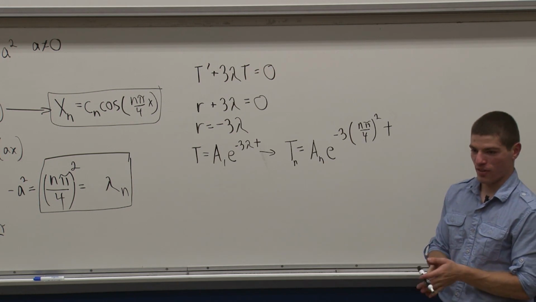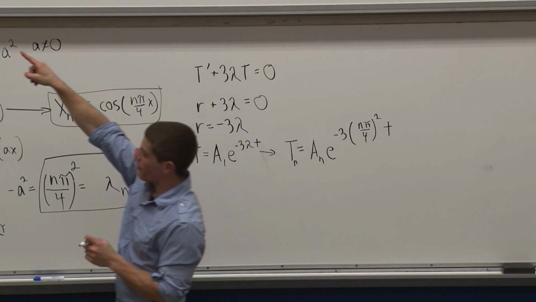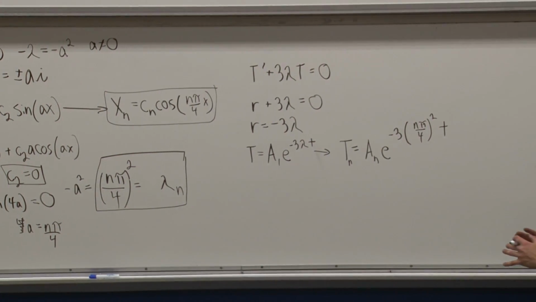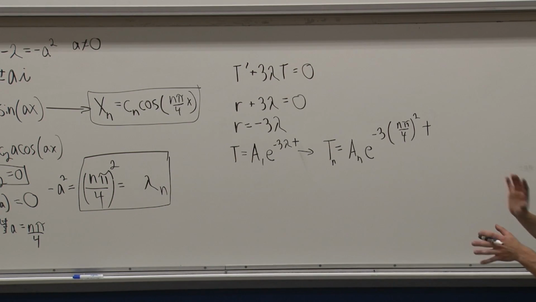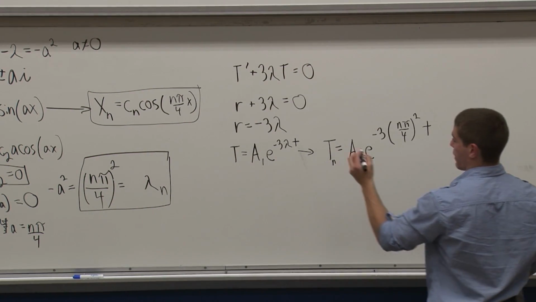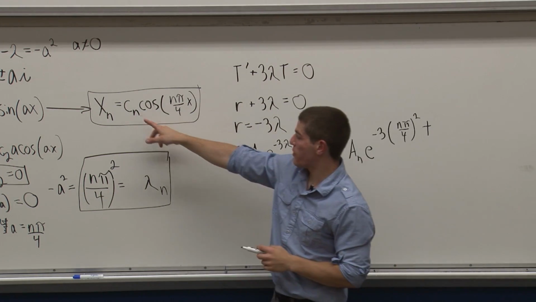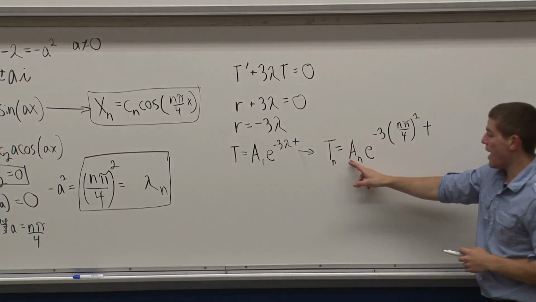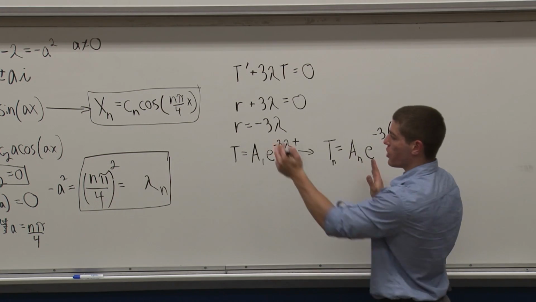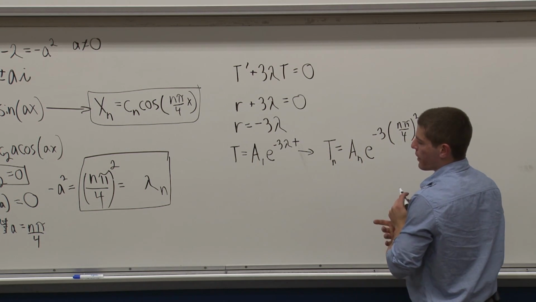We need u equals x times t. But maybe some of you are wondering, what about that big initial condition? Here's what we do with it. We need to match it up with x. Right now our answer is x times t. Once you multiply these two, you have cn cosine whatever, and an. These two constants multiply together to equal another constant, so we can leave it as a c.